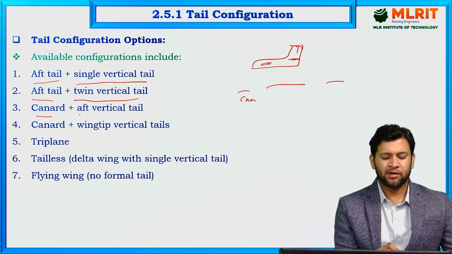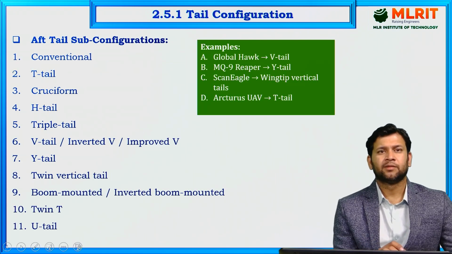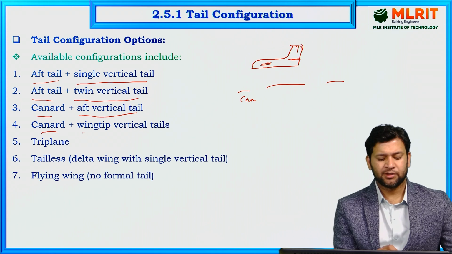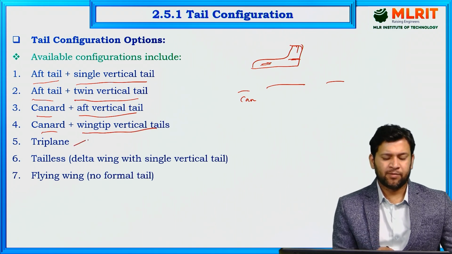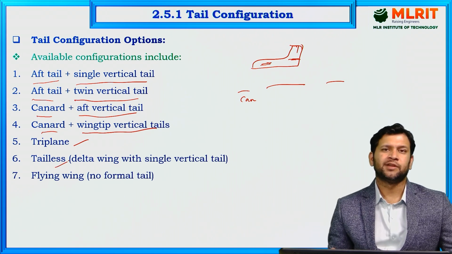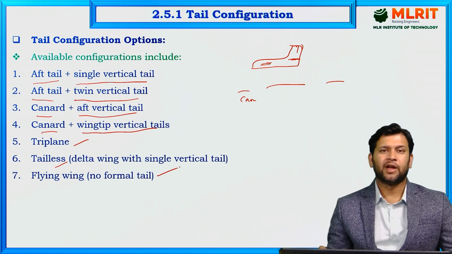So we'll have canard plus aft vertical tail, canard plus wingtip vertical tails, triplane configuration. Then we have tailless, which is delta wing with single vertical tail, and then we have flying wing, where there is no formal tail.